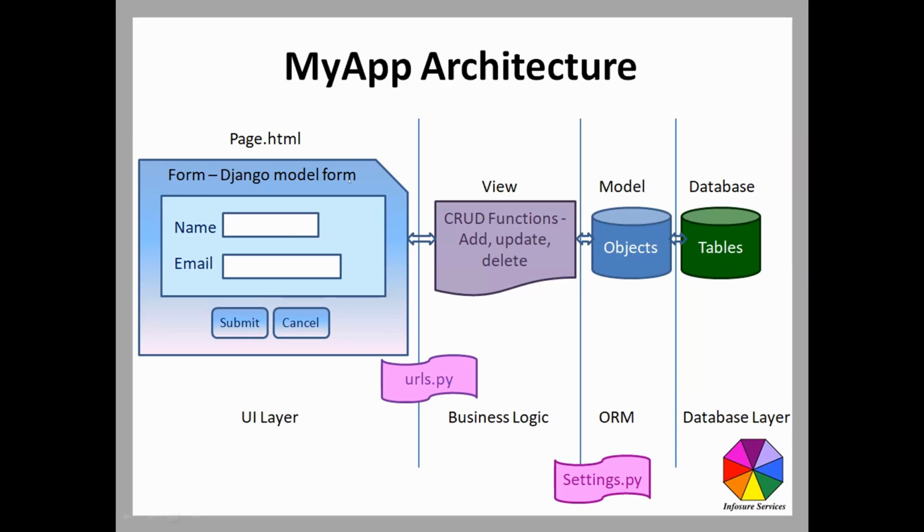It's an easy way to create a form, and that can be put inside a page. So you no longer have to go define individual fields. This is 100 width and that is 50. So name is a column of this table model. So name and email, you don't have to build individually. You can say my Django model form, that is a model, and it will create this form.